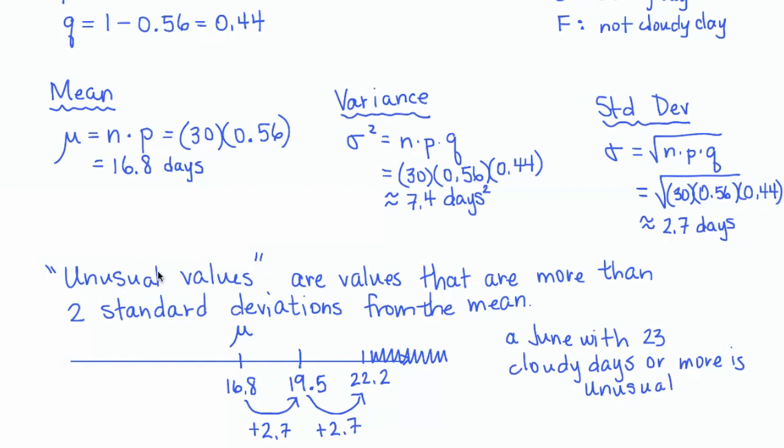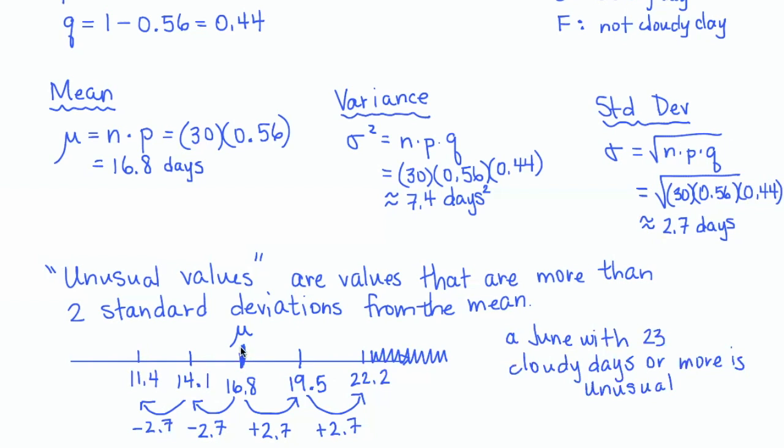But it's also an unusual value if it's more than 2 standard deviations below the mean. So I'm going to work backwards from the mean now, and I'm going to subtract 2.7. So 1 standard deviation away would be 14.1 days. I'm going to subtract another standard deviation. And 14.1 take away 2.7 is going to be 11.4 days.